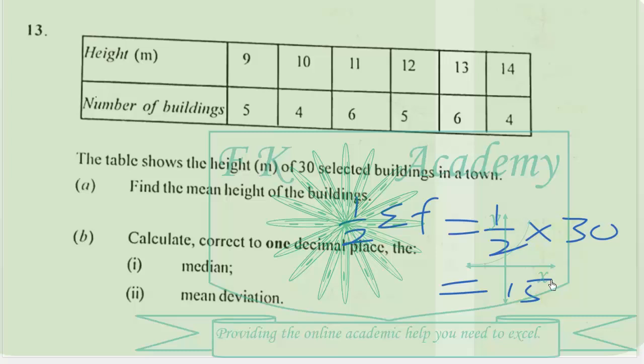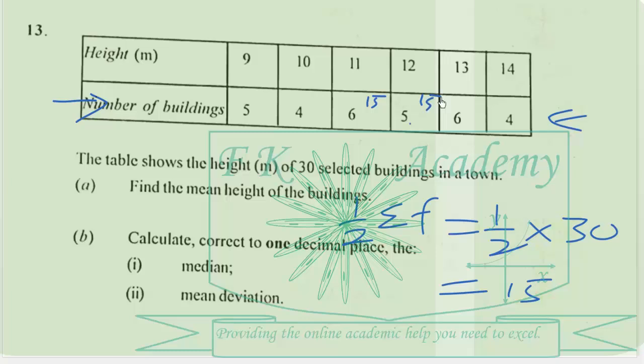So let's check from the left. 5 plus 4 is 9. Then 9 plus 6 is 15. Then checking from the right, we have 4 plus 6, 10 plus 5, 15.